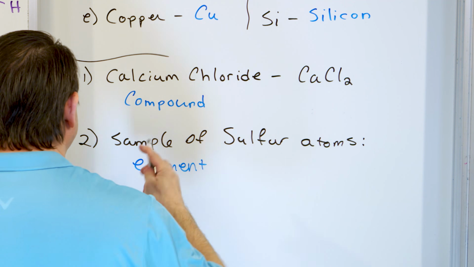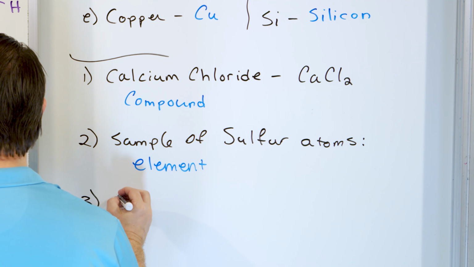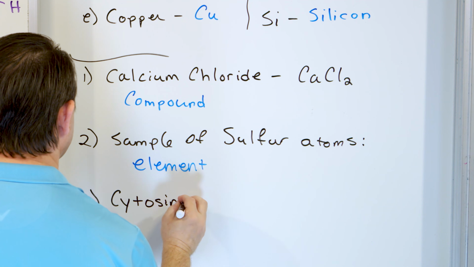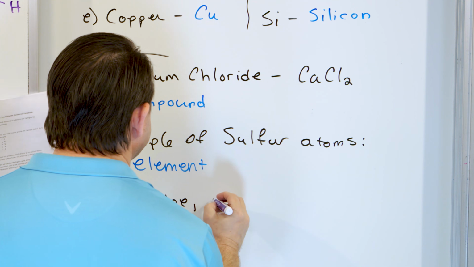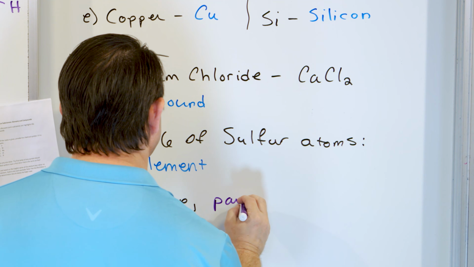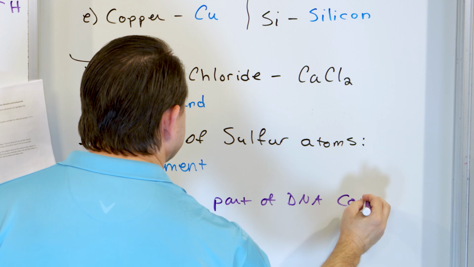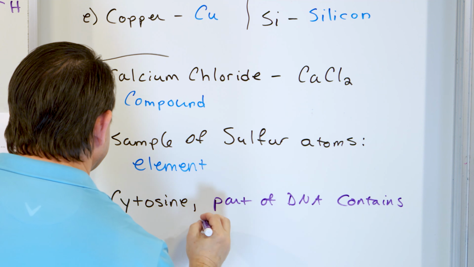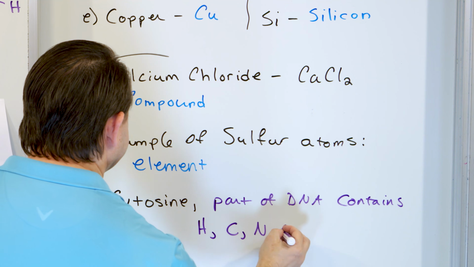And then here's our very last one. Now this is kind of a little weird. Let's take a look at something you probably haven't heard of, cytosine, right? Which is a part of DNA. So part of DNA, and it's a long molecule, and it contains hydrogen and carbon and nitrogen and oxygen.